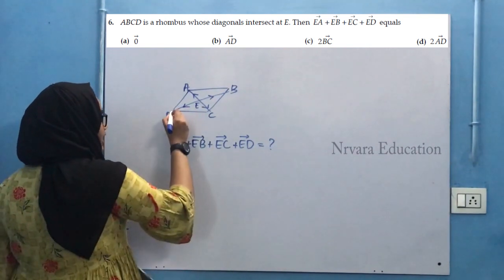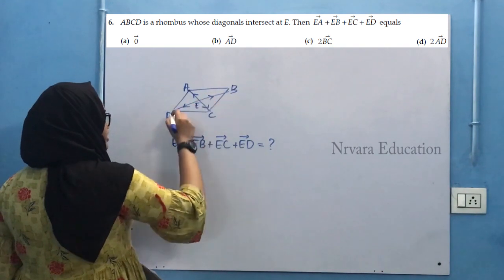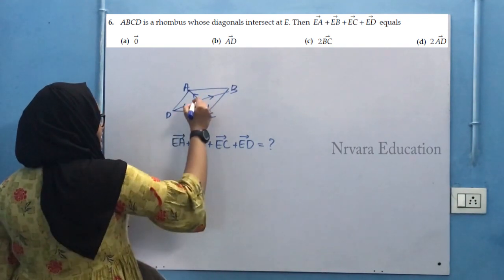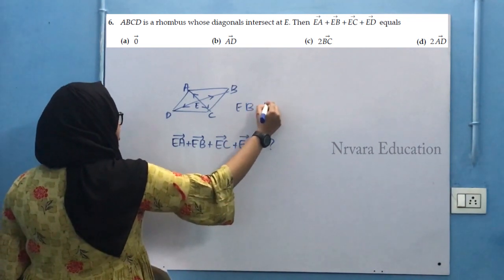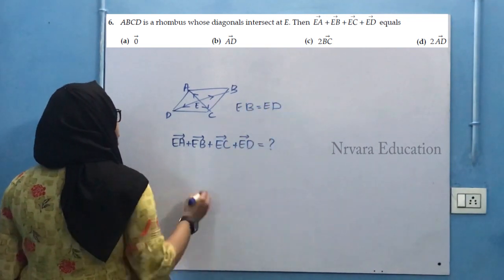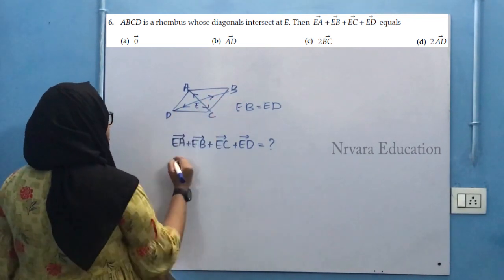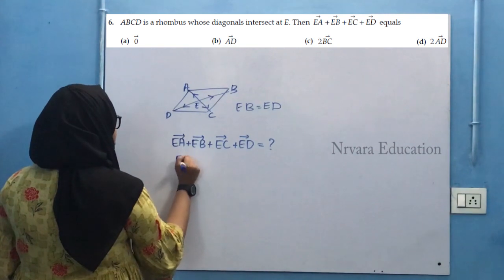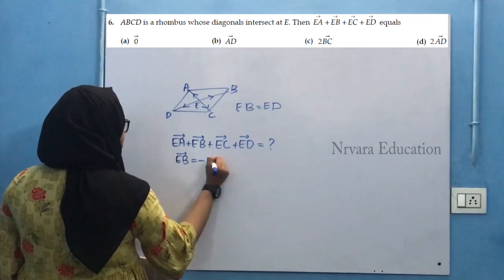Now a rhombus has equal sides, and its diagonals bisect each other at the point of intersection. Let's say the magnitude of ED will be equal to the magnitude of EB. Since the directions point the opposite way, EB will be equal to the negative of vector ED.